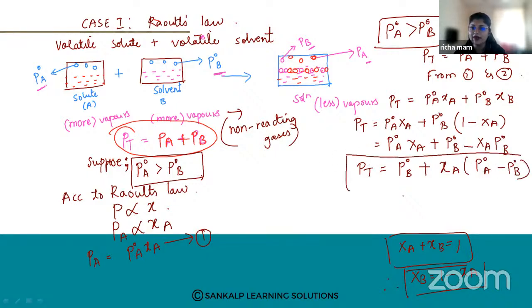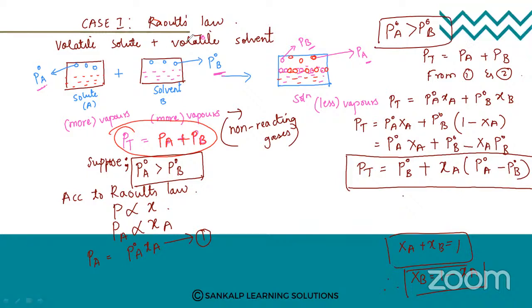So this is when you have P naught of A greater than P naught of B. Clear till here? Just see the steps, what all I have done. I'm just supposing it. We have two volatile liquids, so this is one case wherein both the solute and solvent are volatile in nature.